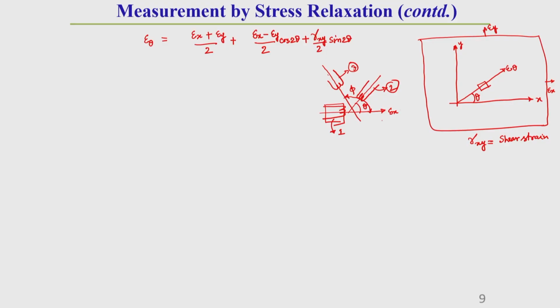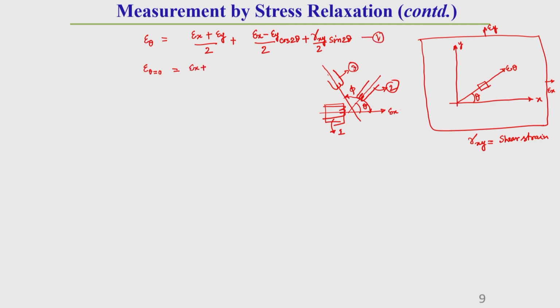So, here you see what we can do, we can easily measure this epsilon x value, because we get epsilon x when theta equals 0. Just put theta equal to 0 in this equation 1.